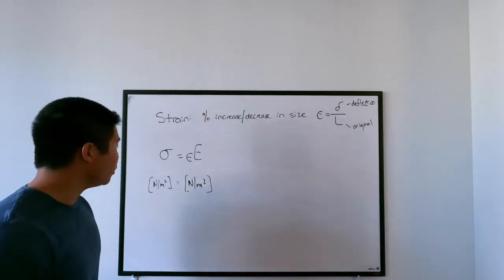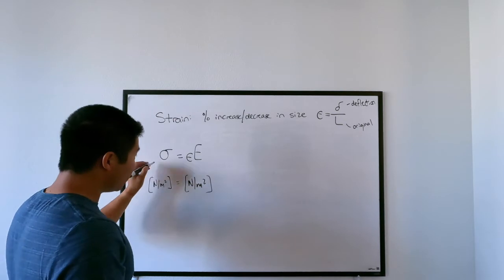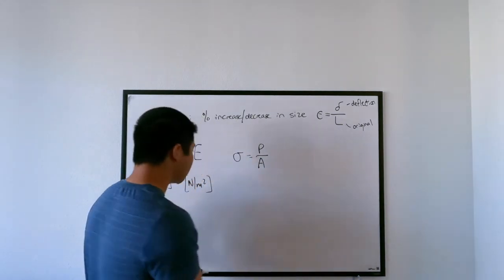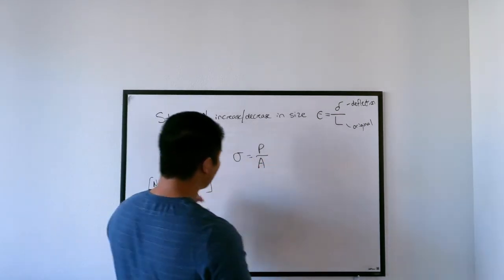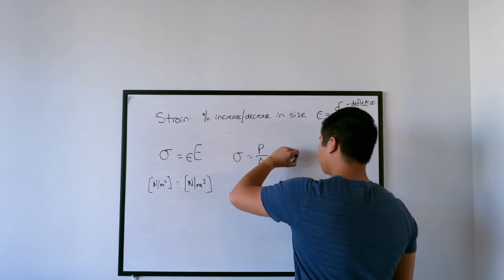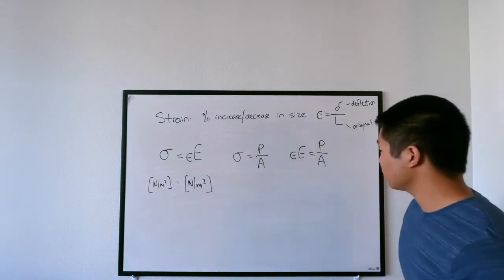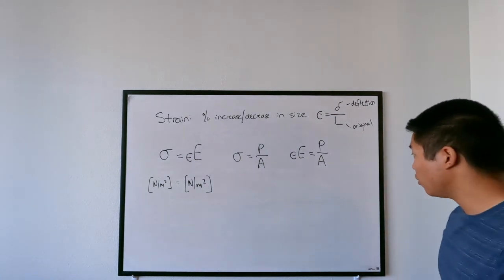And now we know that sigma is equal to P over A, because remember, like I said in the previous slide, for normal stress, sigma equals P over A. If we combine these two, we end up with this. You may be wondering, that doesn't help me a whole lot.